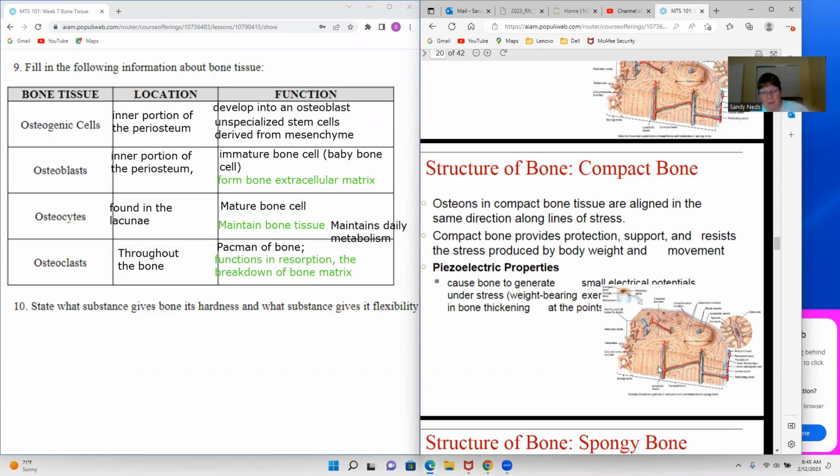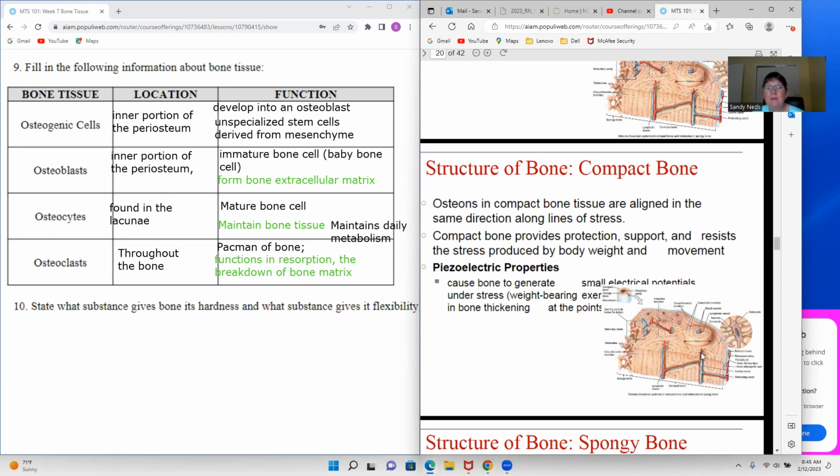So femurs would be straight up and down, along the line of stress. This compact bone, a solid bone, provides protection, supplies support, and resists stress that's produced on the bone by weight and due to movement.